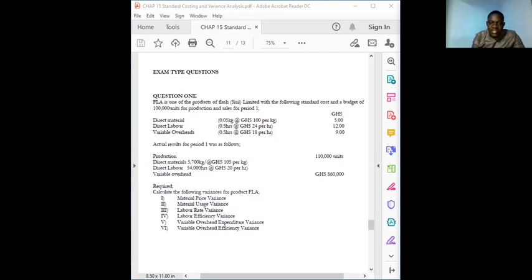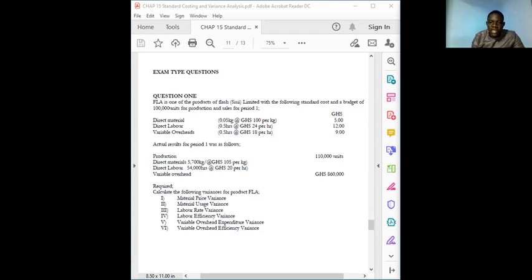The labor efficiency variance. Labor efficiency variance is given by actual hours minus standard hours measured at the standard rate.